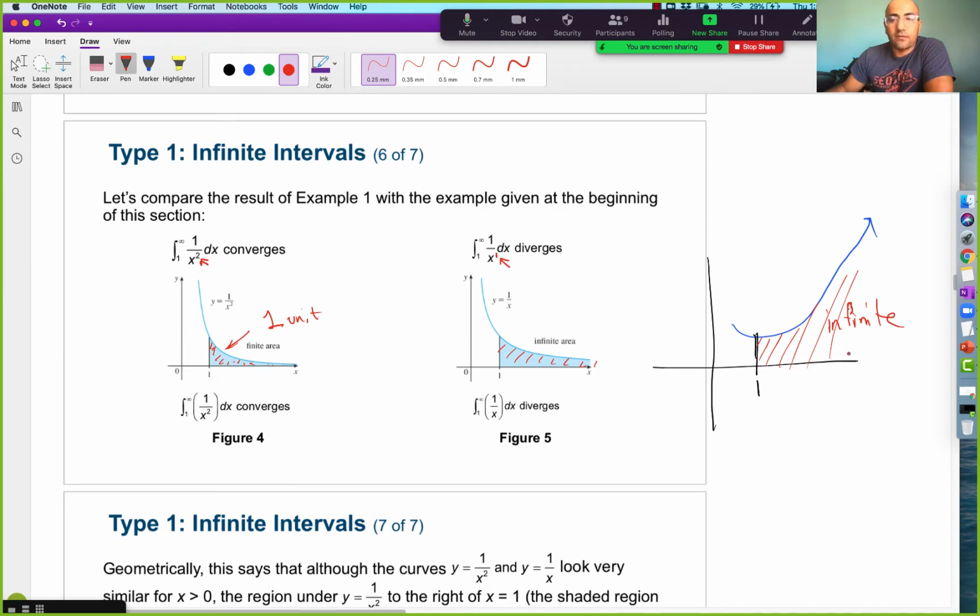That's a no-brainer. Even if the roof line here was just kind of flat, that would also be kind of a silly question. Easy answer. If this thing was just a flat constant, and I want to know the area trapped underneath there from 1 to infinity, that's also an easy answer. It's also going to be infinite.